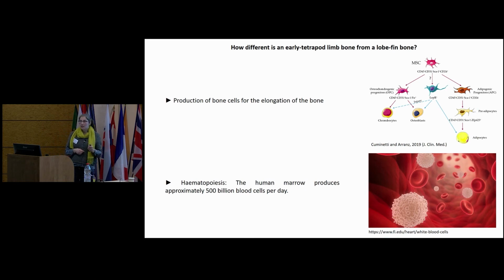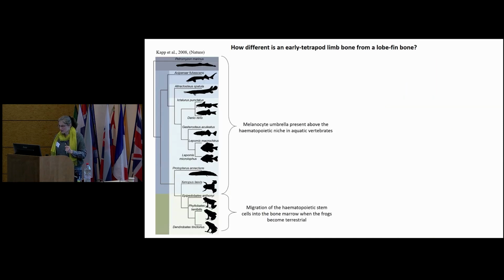The hematopoiesis, this is the production of blood cells, okay, all the blood cells you would see. And the human marrow produces approximately 500 billion blood cells per day, so it's quite a lot, and it's major. And we have them in our bone marrow, and we saw these marrow processes in Eusthenopteron.